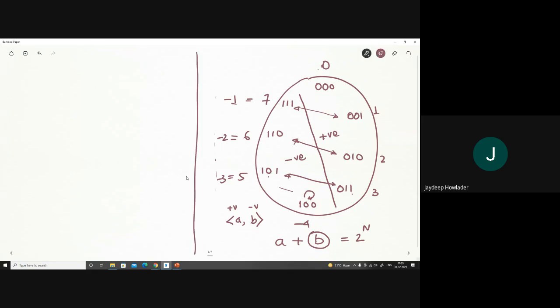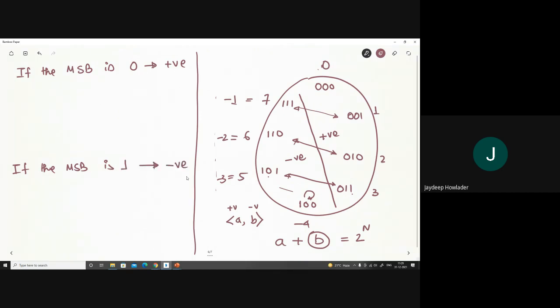We say that if the most significant bit, the MSB, is 0, then it determines a positive number. The rest is the amplitude, but not in a straightforward way. If the MSB is 1, then it is negative.